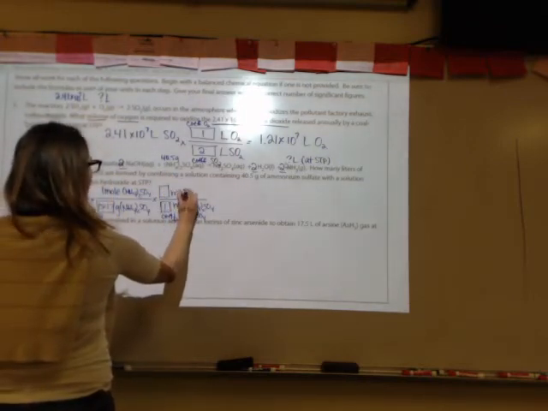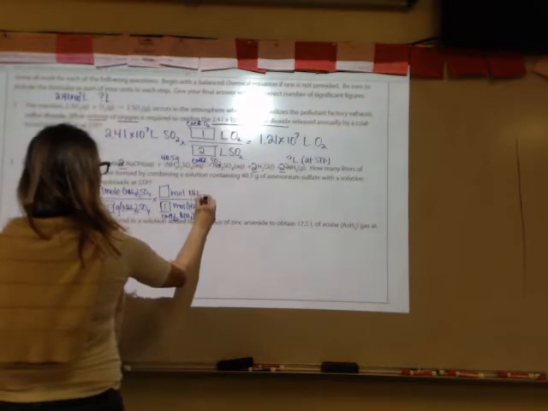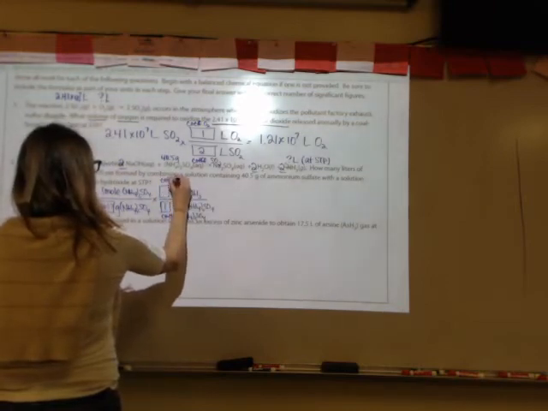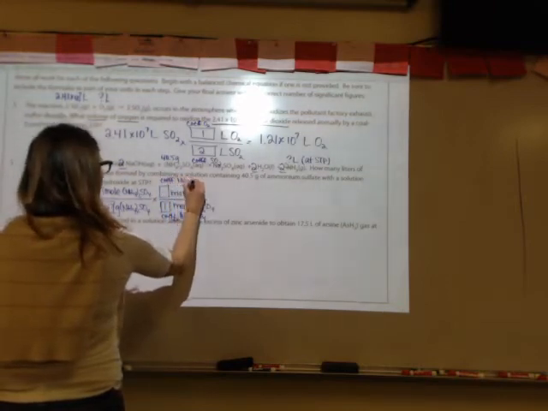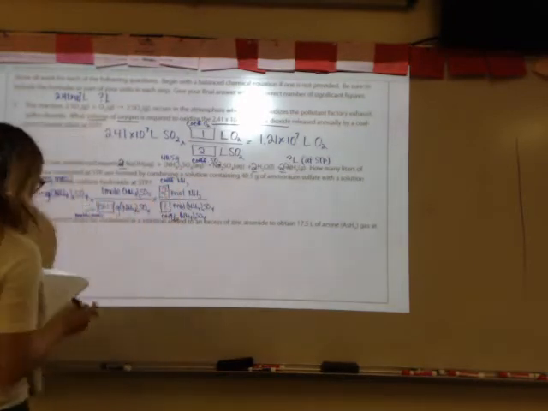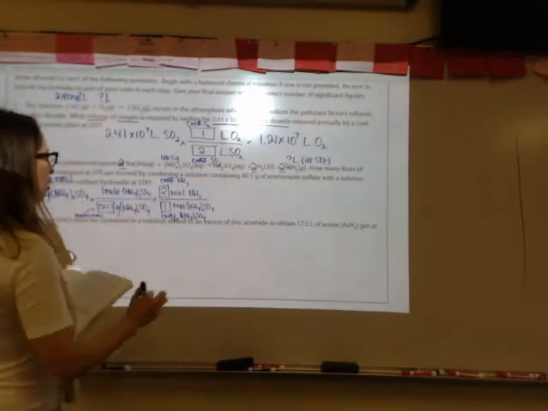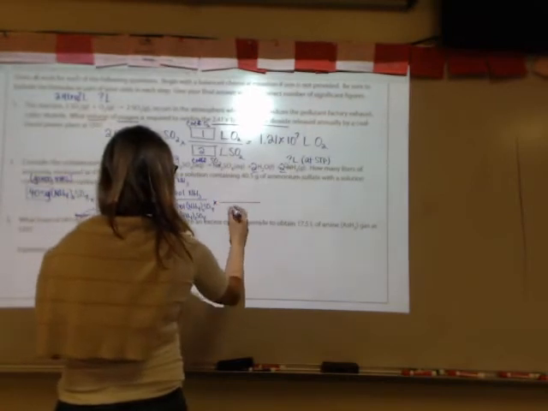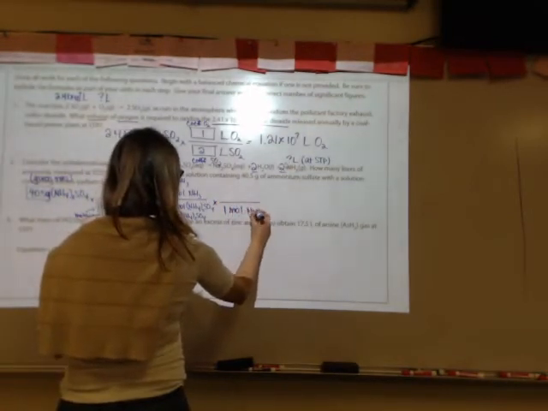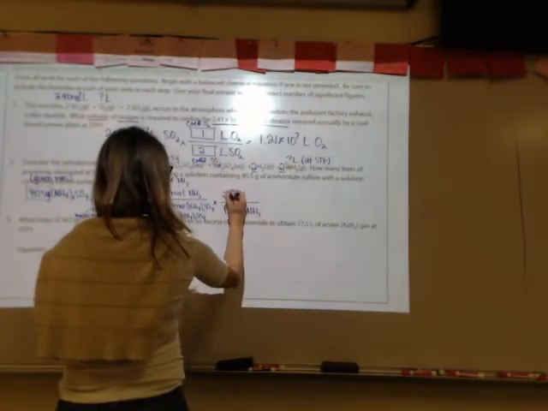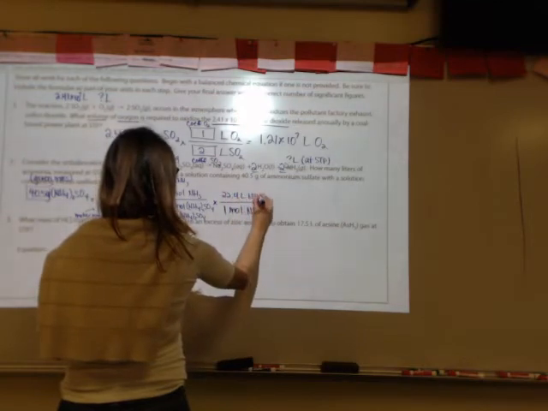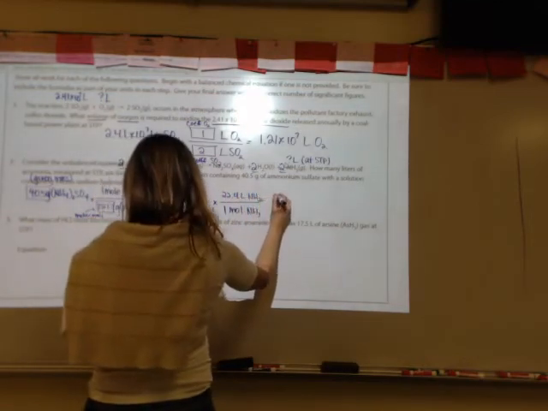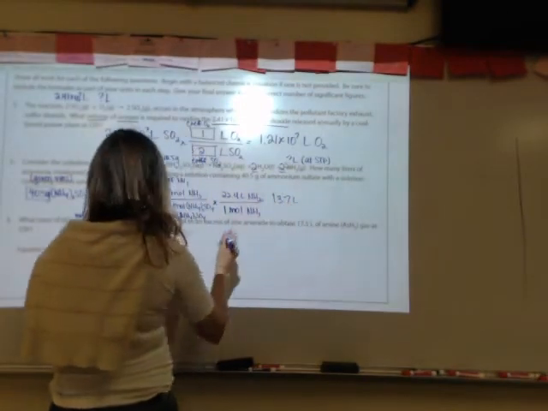And this is where I will put my coefficient for NH3, which is a 2. If I'm going to liters and I'm at STP, I will have 1 mole down here, always, and 22.4 liters here, always. This will give me 13.7 liters.